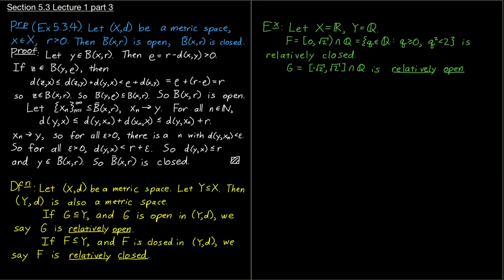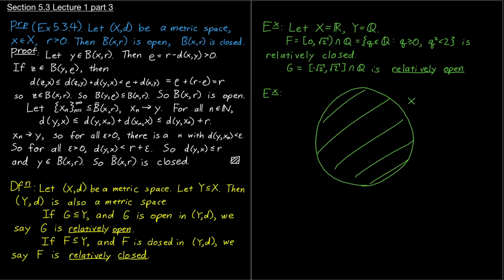And let's have a slightly more pictorial example. So here is going to be our space X, everything in here. And then we'll let Y be the bottom half, and we'll include some but not all of the boundary.